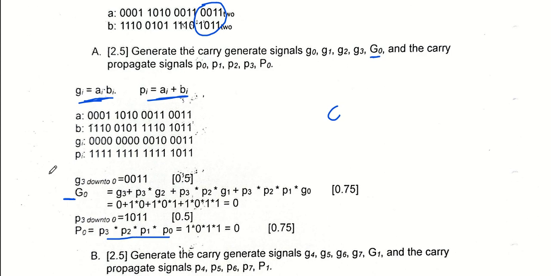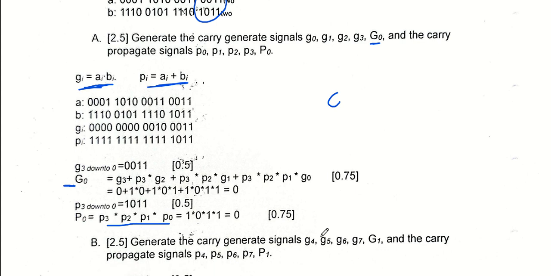So from bit 0 to bit 3, you just multiply the P's, so P3, P2, P1, P0, and that's capital P0. And now you just go and fetch your P's from here. I believe that one you can do it. Then you are done.